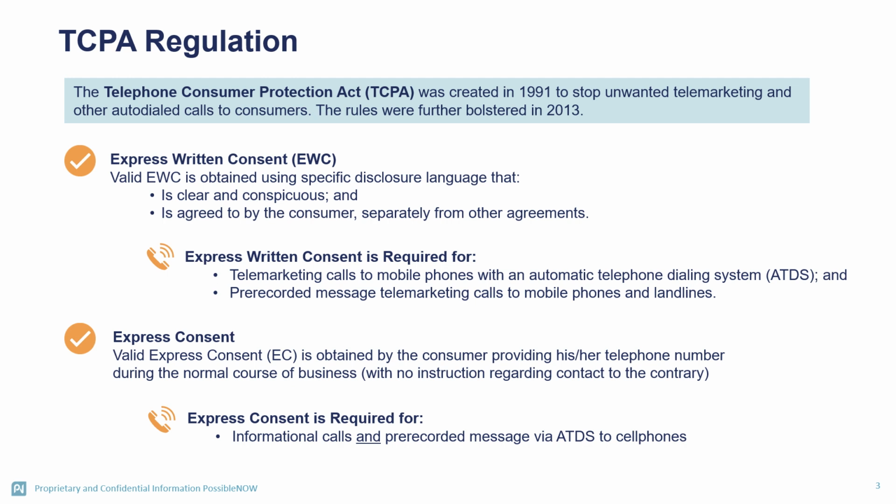Valid express written consent is obtained when you use a very specific disclosure that is clear and conspicuous to the consumer, that you're going to be calling them with auto-dialed technology or pre-recorded messages and so forth. And that is subsequently agreed to by the consumer separately from any other agreements. So it can't be buried inside of a larger application or things of that nature.